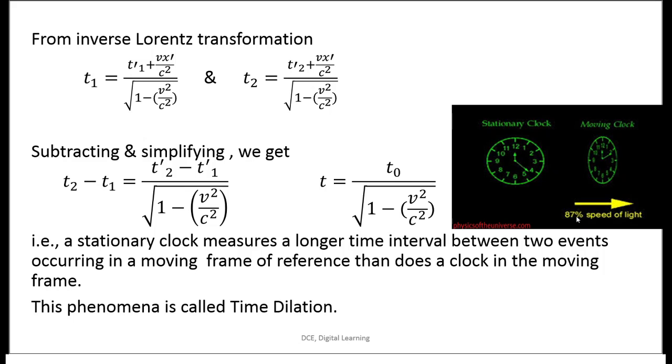One is moving at 87% of the speed of light and another is at rest, which is measuring some larger time than the moving clock. Also we can see that this clock is contracted. Example for length contraction. Here the time is dilated and the length is contracted.